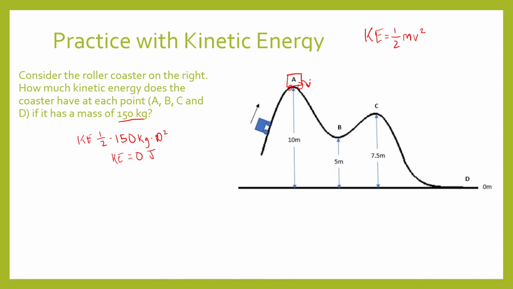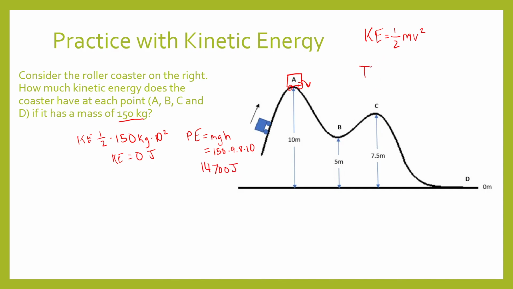But there's still energy in this system. What is that energy? Well, that energy is in potential energy. And so now we have to consider both of these, potential and kinetic. Remember, potential is mgh. We solved this earlier where we had our mass of 150 times 9.8 times 10. If you remember from before, when we plugged those into our calculator, we got 14,700 joules.